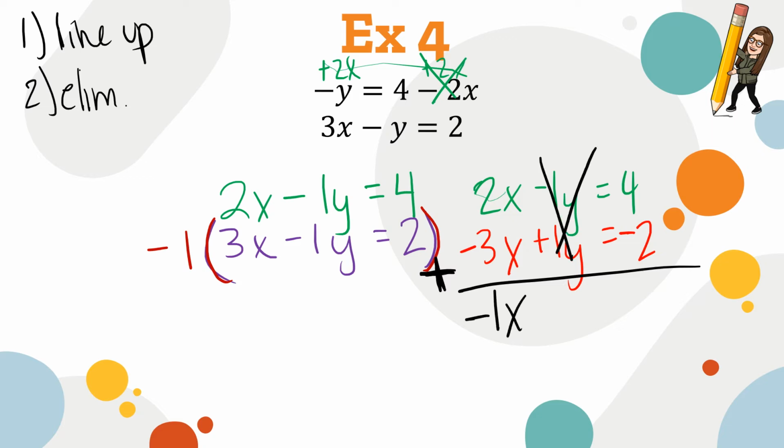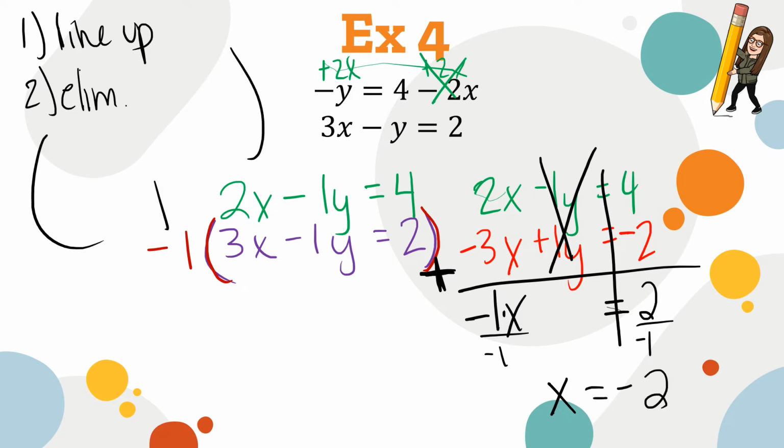Negative 1y plus 1y, perfect, that's our elimination. The equals falls down. 4 plus negative 2 is 2. Let's solve. Instead of times negative 1, let's divide both sides by negative 1. I got an answer so far of negative 2. There's my x value.